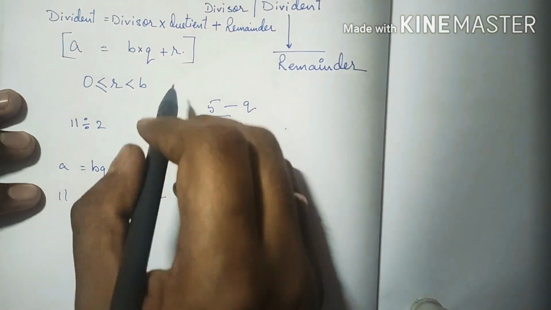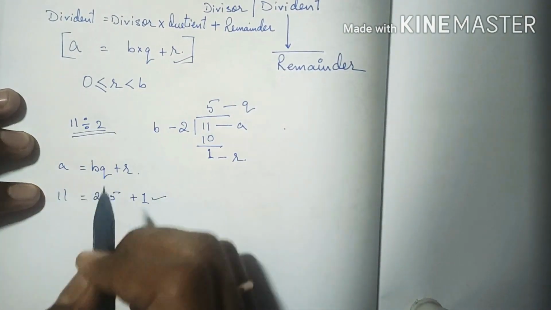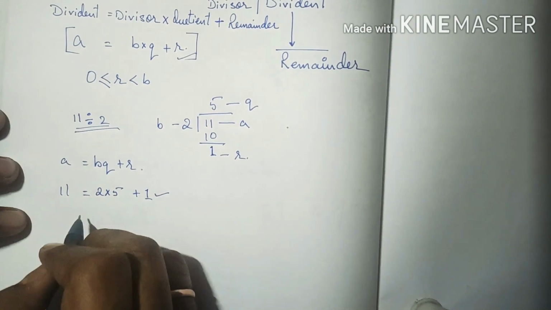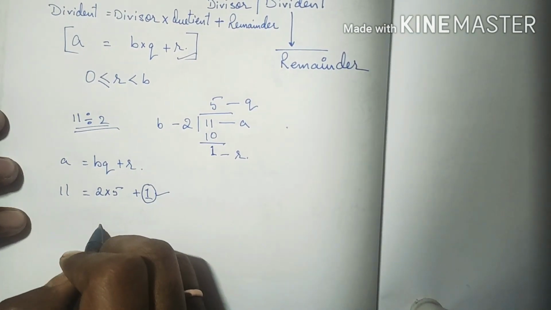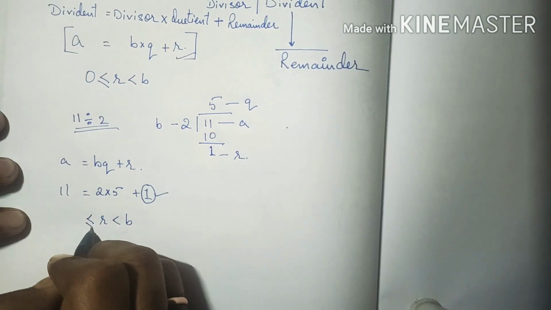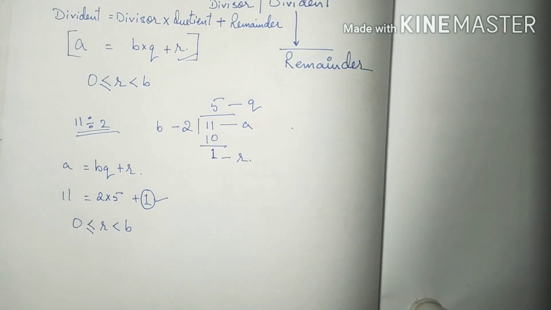So is it satisfying this equation as well as this lemma? And we can see that this R is in between B and 0. R can never be greater than B and R can never be less than 0.